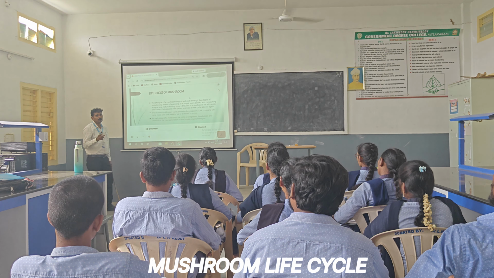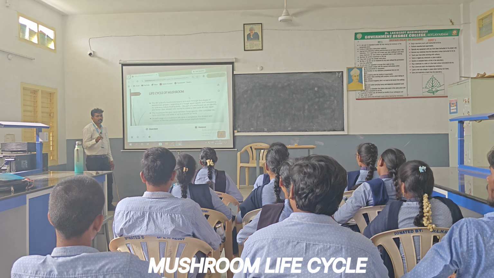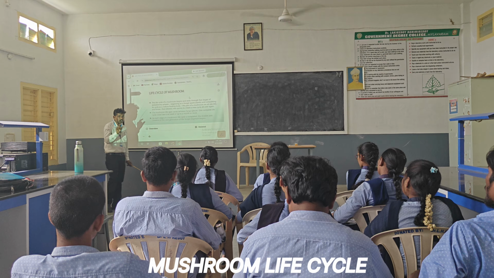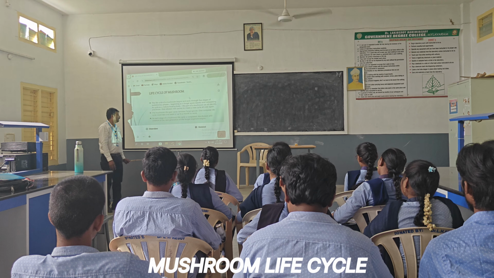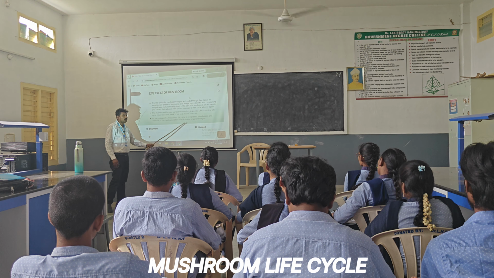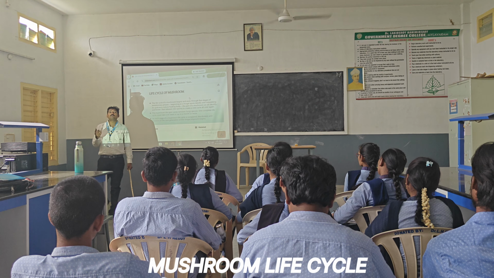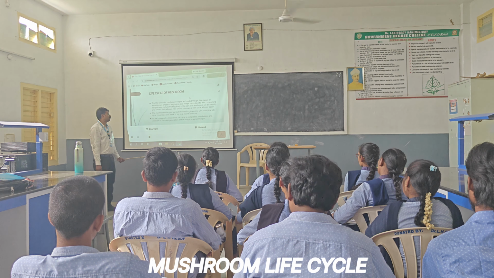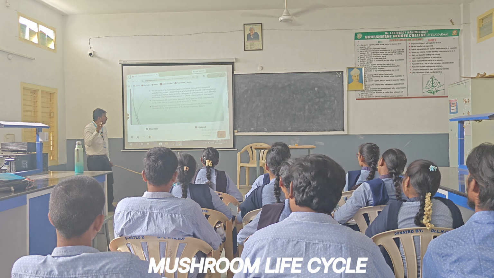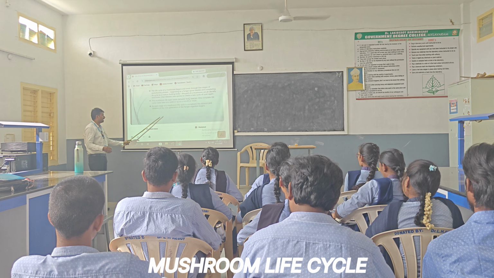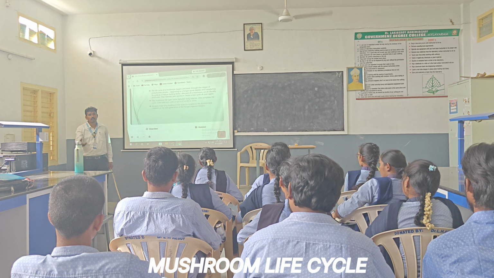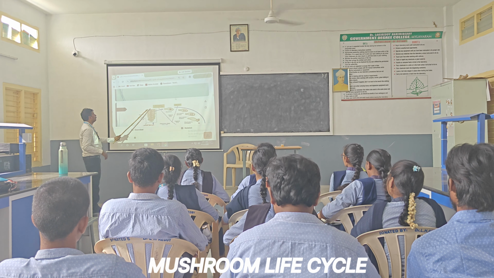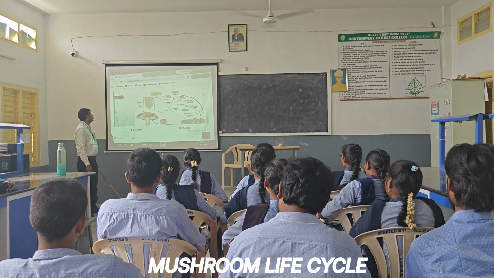Some mushroom species complete their life cycle in a month or sometimes more than a month. As each stage of the mushroom life cycle is completed, all the division and the creation of the next generation of the fungal organism begins. Let us see the pictorial picture of the mushroom life cycle.